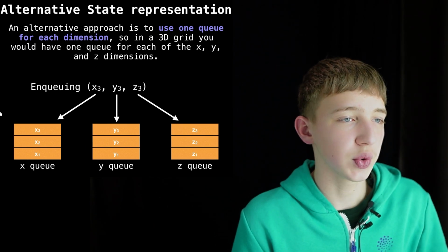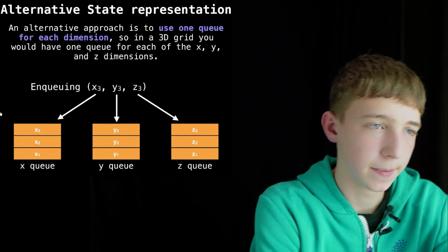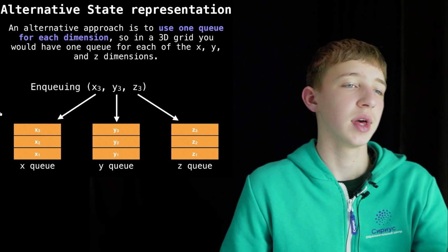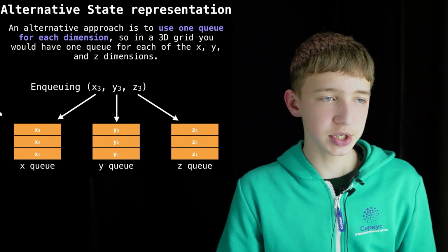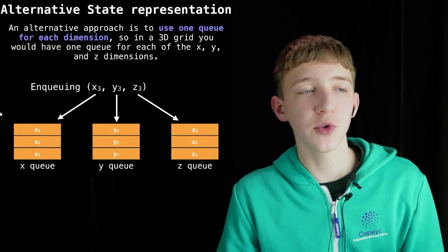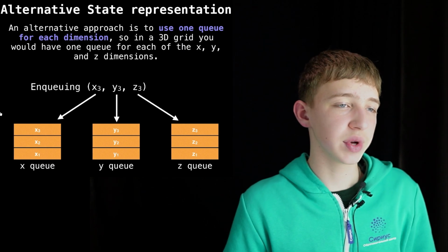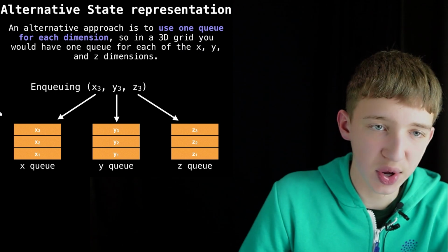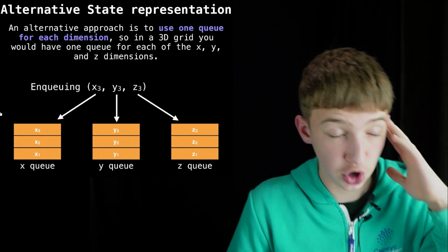and so on. This contrasts with the approach of having one queue with each component packed inside an object, such as a pair of pairs, where we have to unpack these, and we have to be mindful about how to enqueue and dequeue elements in this alternative representation.